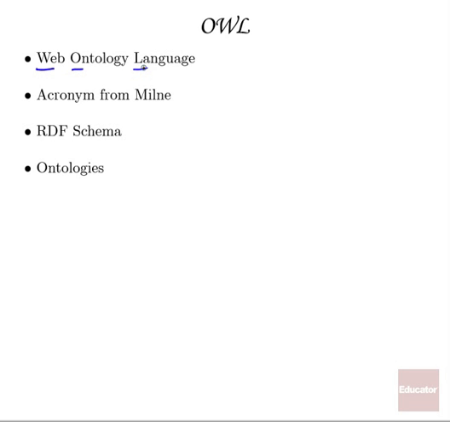OWL is based on RDF schema. RDF schema is a schema language based on XML schema. And the idea of OWL is to create what are known as ontologies, which are very high-level bases of knowledge about resources.